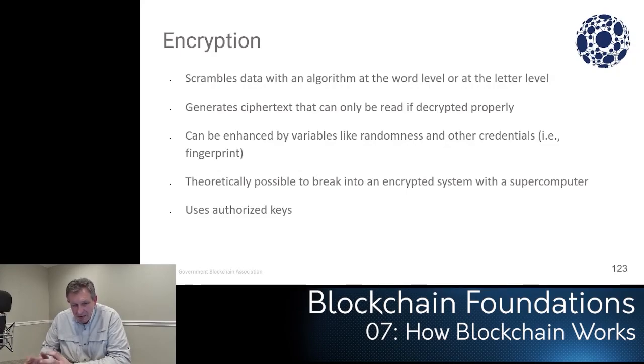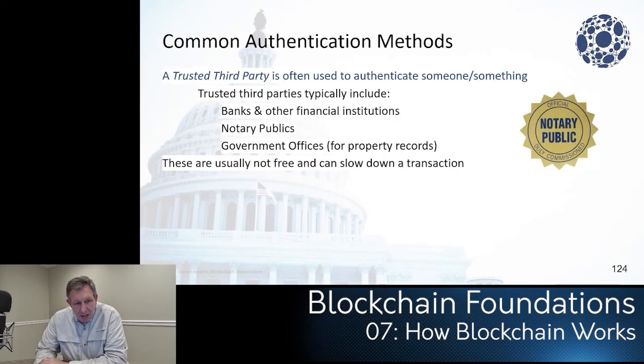So randomness is a big part of it. And theoretically, it is possible to break into an encrypted system with a supercomputer, but it's very, very difficult. And it uses something called authorized keys. So we talked a little earlier about a private public key pair. So that's kind of what it uses.